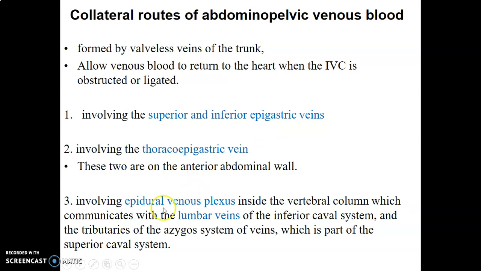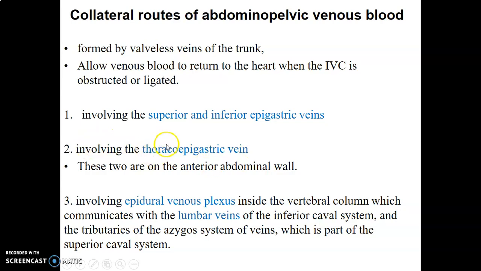Here, the lumbar veins communicate with the azygos system. So the superior and inferior epigastric veins on the anterior abdominal wall, and the thoracoepigastric veins, also help with that connection between inferior vena cava and superior vena cava tributaries. Remember, like the axillary and inferior epigastric: the inferior epigastric vein drains into the IVC, while the axillary drains through the subclavian to the superior vena cava. So there's communication there.